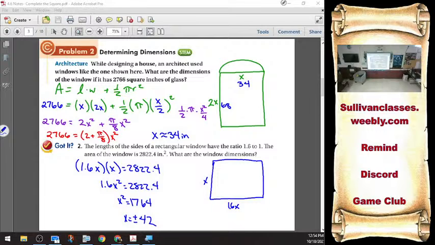So technically, the solutions to the equation are plus or minus 42. But then you have to think about reasonable answers. Can I have a window that is negative 42 inches tall? No. That's why you actually say x is 42 and the other is, what's that, 4, 3? 67.2.